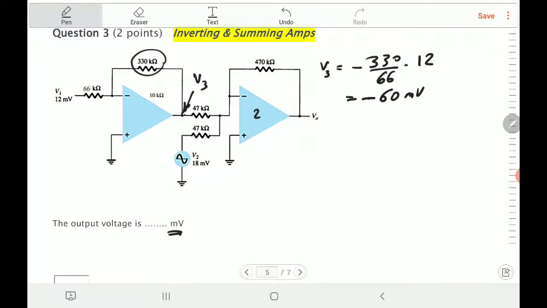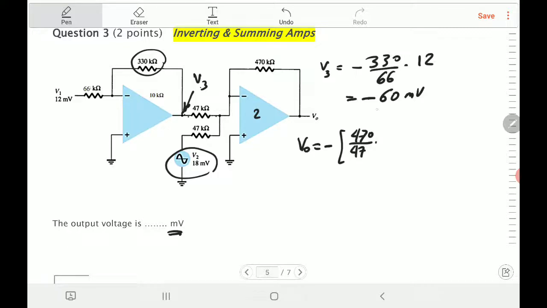So you have V2 and V3, and each one is connected to a resistor, and that's the summer. How do you do the summer? The V output will be equal to minus this resistance divided by this resistance times the input. So it will be 470 divided by 47 kilo ohm times V3.